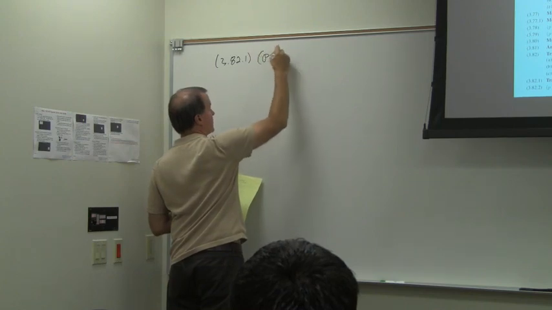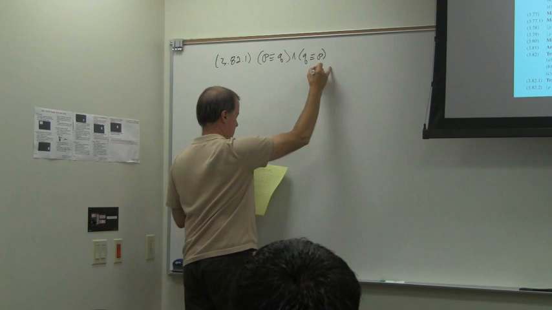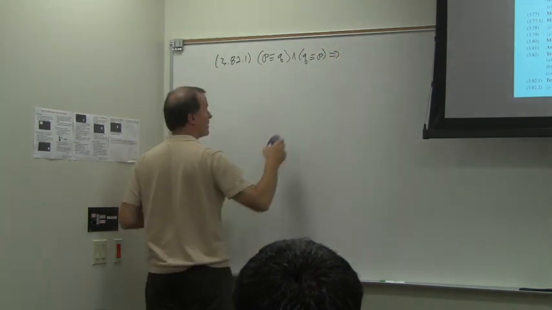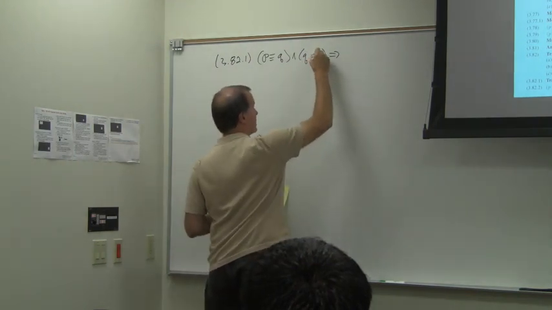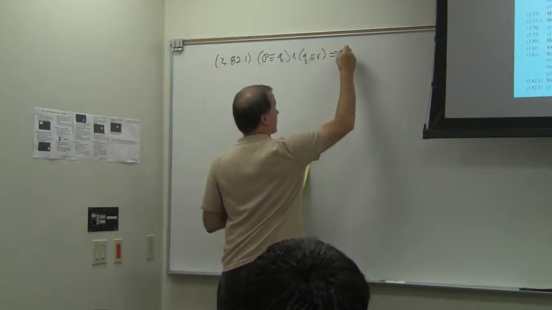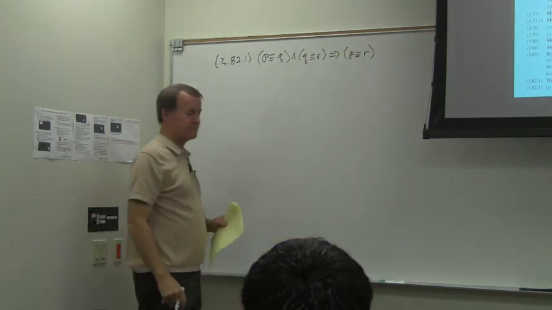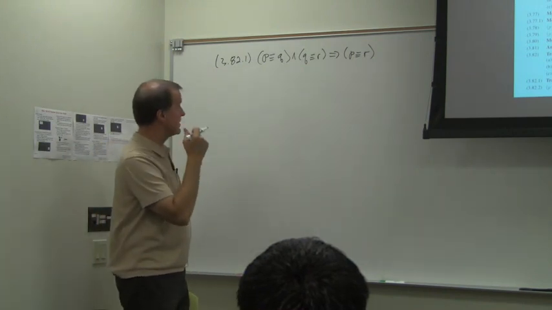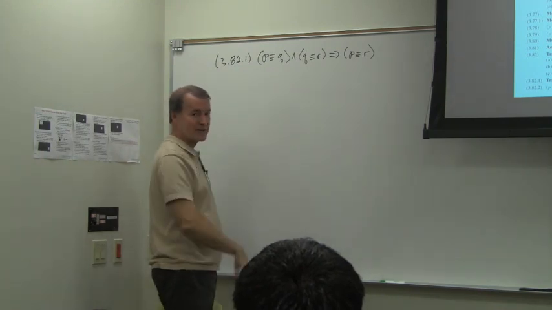P equivalents Q and Q equivalents R implies P equivalents R. Actually, this is a little different because it's got three of them, right? So what we're going to do is start with the left-hand side and get it to imply the right-hand side.